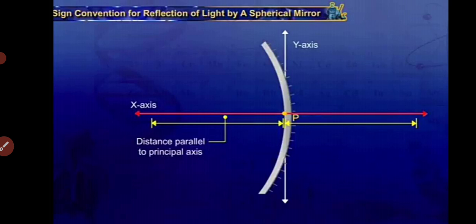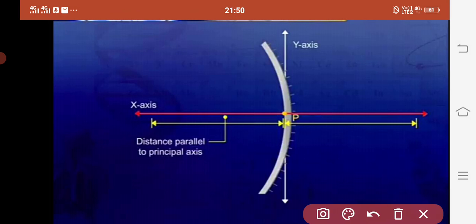Now, for solving any mirror formula problem, we need to learn the sign convention for the reflection of light by a spherical mirror. The very first rule that we need to learn is every distance, either the object distance or the image distance, is always taken from the pole. That is, if we want to draw a 10 centimeter line, we have to place the 0 of the scale at P and then we will measure the 10 centimeter.